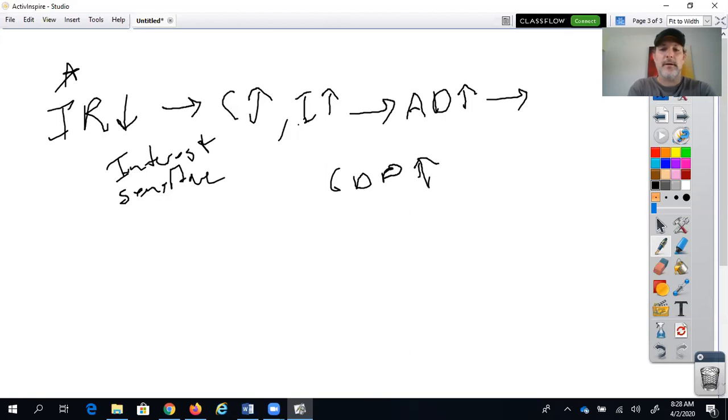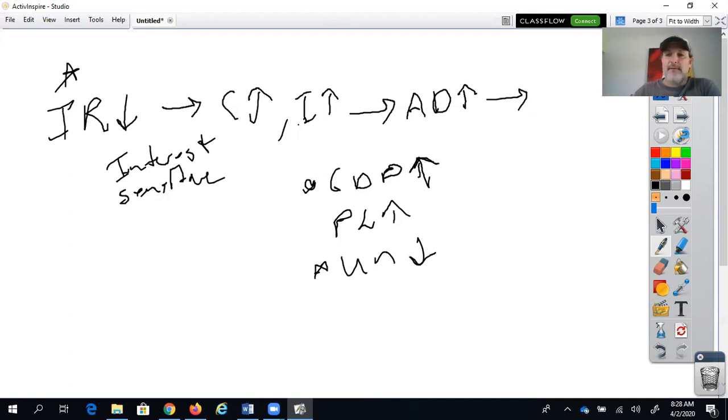GDP will increase. Price level will increase. So obviously we're not targeting inflation with this because this is going to cause a bit of inflation. Unemployment, most importantly, which is GDP and unemployment are probably what you're targeting. Unemployment will go down. So that is the explain point.